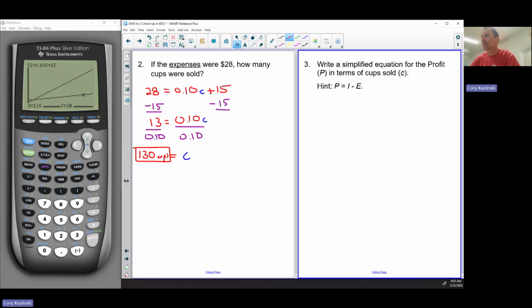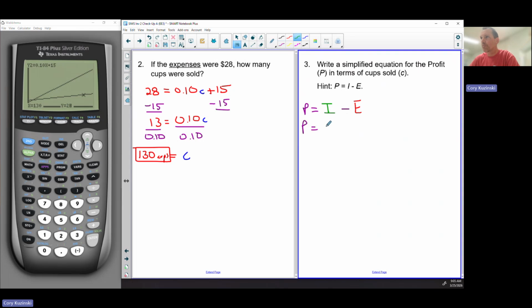Moving on. Write a simplified equation for the profit in terms of cups sold. Well, our profit is equal to our income minus our expenses. I'm color coding this. So we need to set this up.